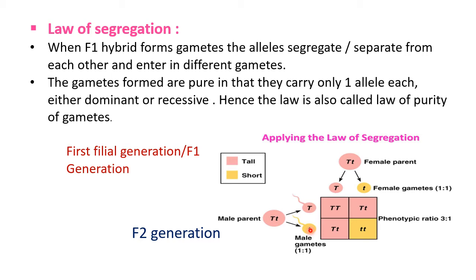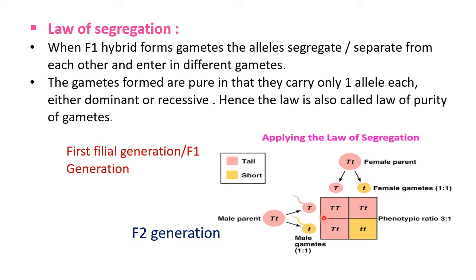So each gamete, whether male or female, will carry only one allele. It may be dominant or it may be recessive. You know that an allele is also called a factor.